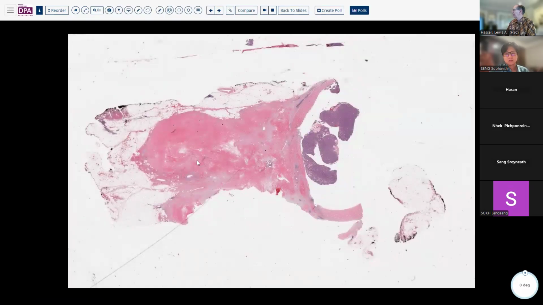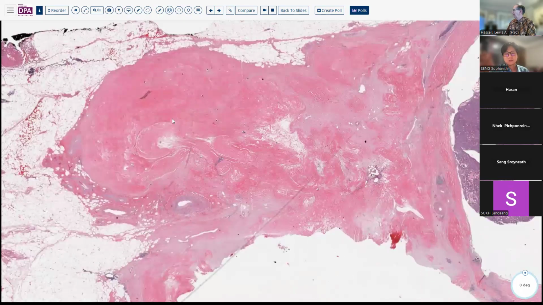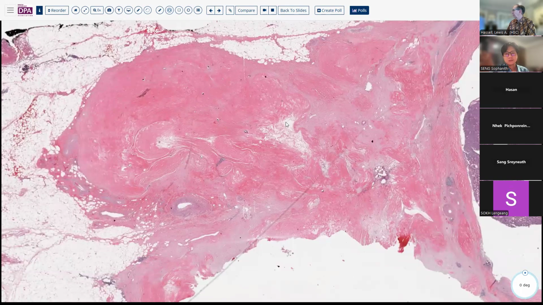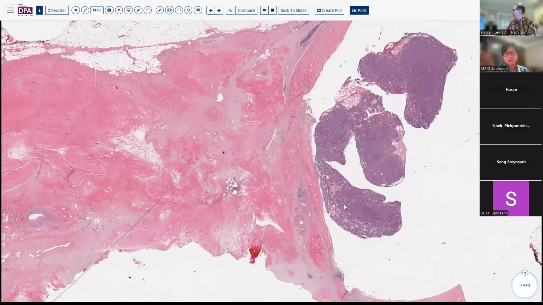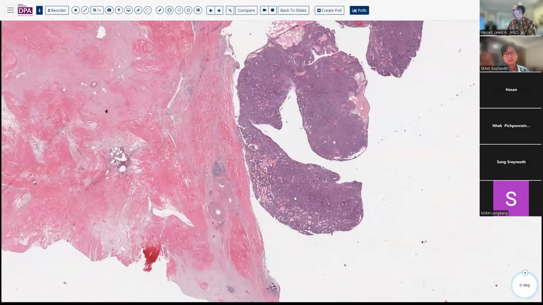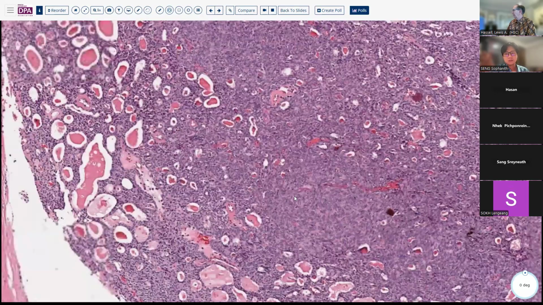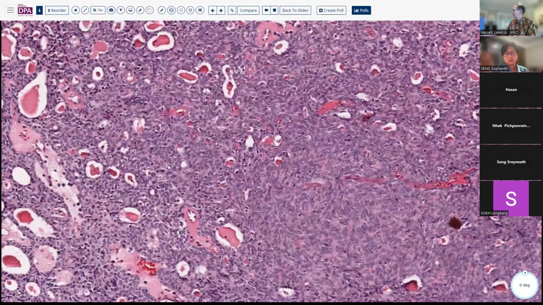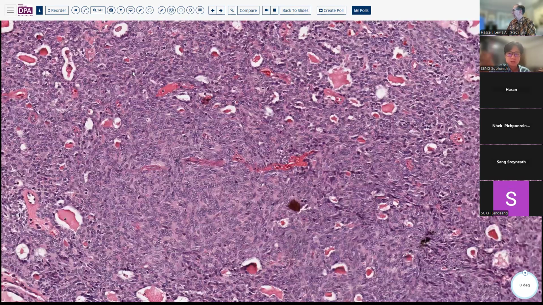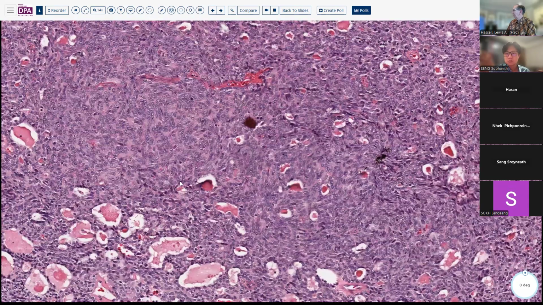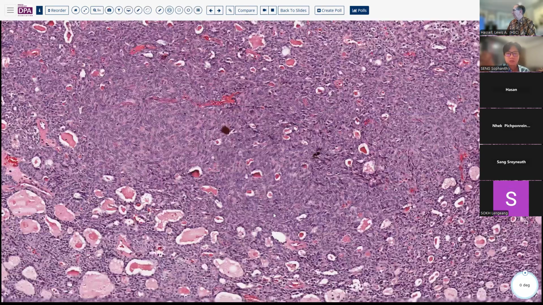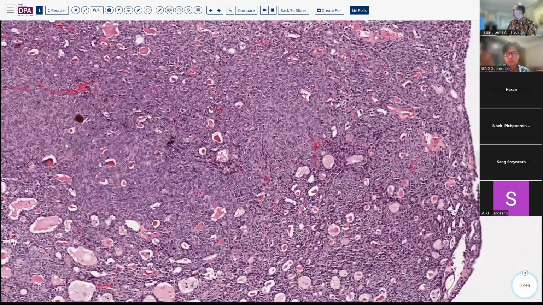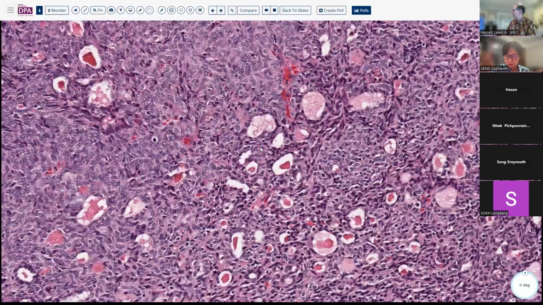Here's another example. We have very dense fibrous tissue here, not quite clear if this is residual thymus that's been involuted. And then we have here another thymic neoplasm that is predominantly epithelioid cells, very few other neoplastic cells here. And so this might be, again, a well-differentiated thymic neoplasm with those features that we've described, and very few lymphocytes involved in this lesion, hardly any that we can recognize here.